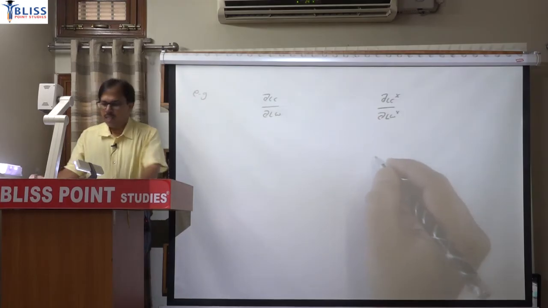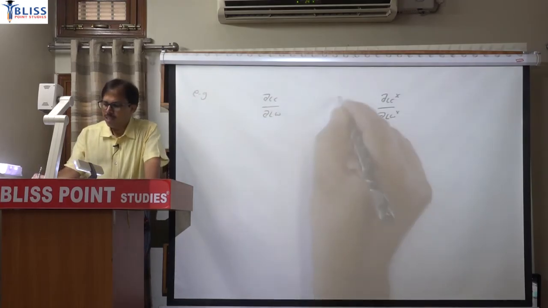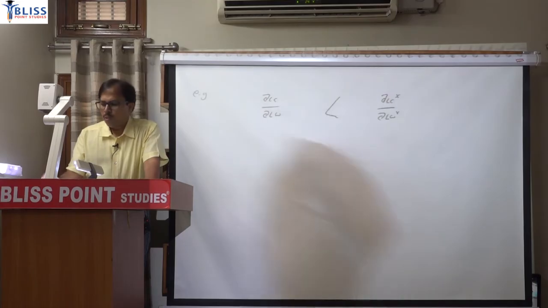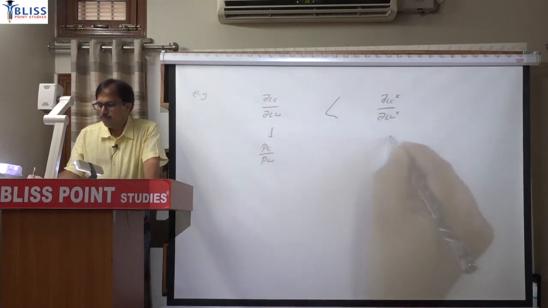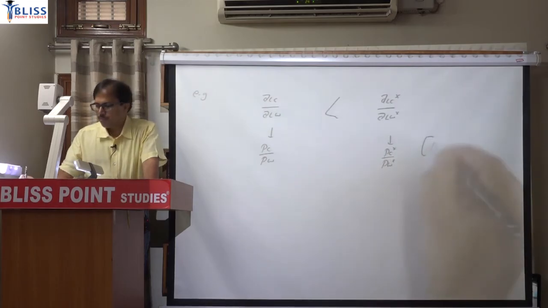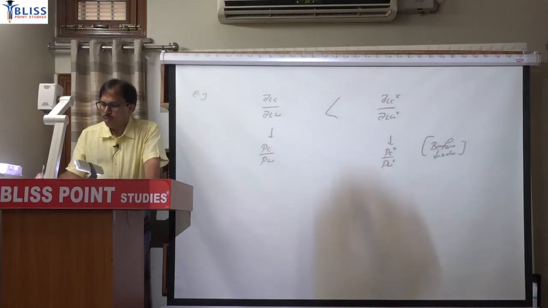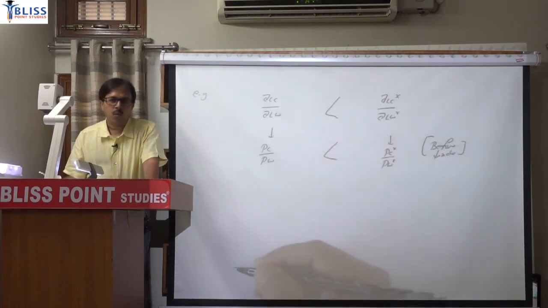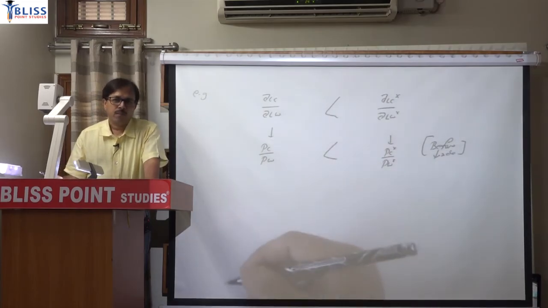If I consider that ALC by ALW is less than this, so effectively we are saying that before trade ALC by ALW will be equal to PC by PW, and here it will be PC by PW star, in the foreign country. So before trade, prices can be different.